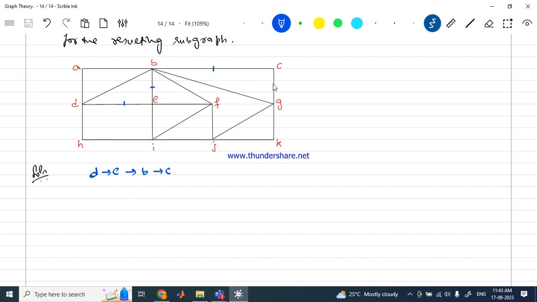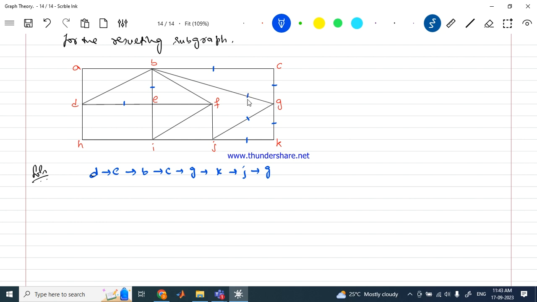So when I reach this point, there is no option. I have to go down. C to G, and G to K. And then from K there is no option, I have to go to J. So J to G. You can reach the same vertex again, but you cannot move on the same edge again.